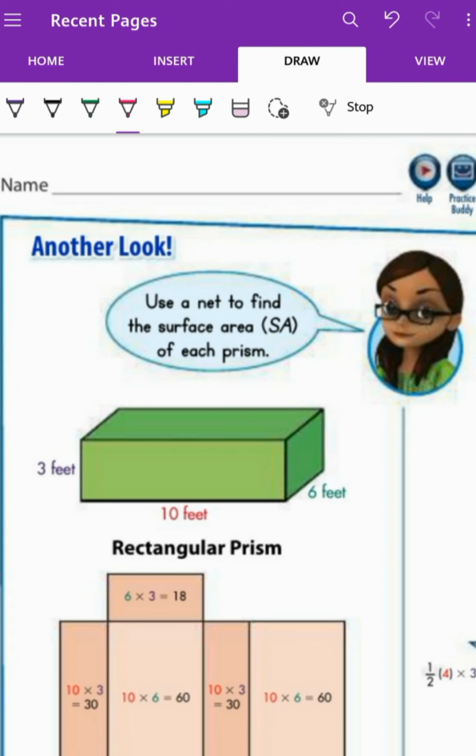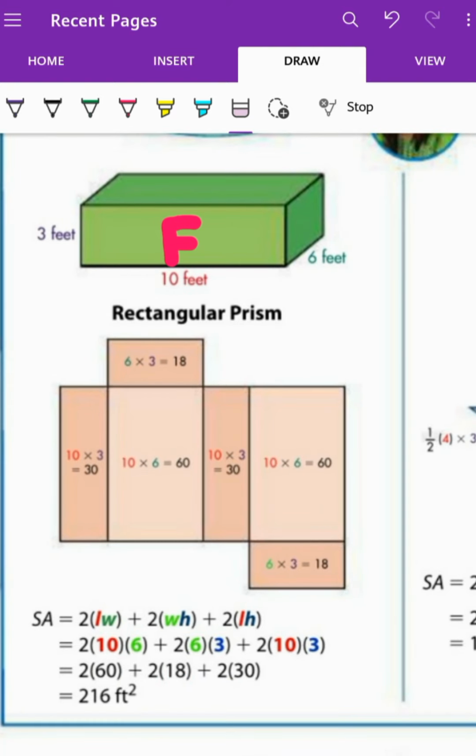First of all, determine or decide where the front, the right, and the top are. So I will find the area of the front, then the right, and last the top. Let us start with the front. For the front, I need the dimensions of the front rectangle. What do I mean by dimensions?